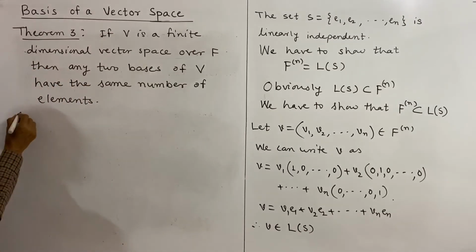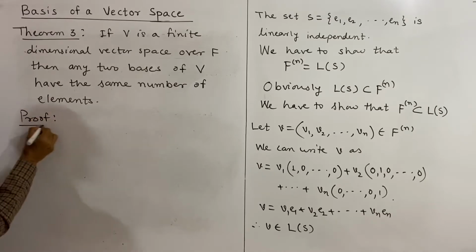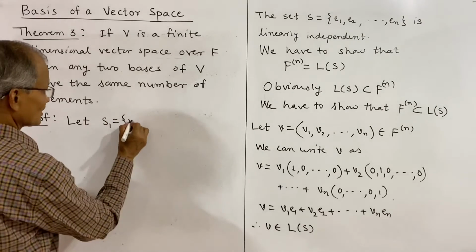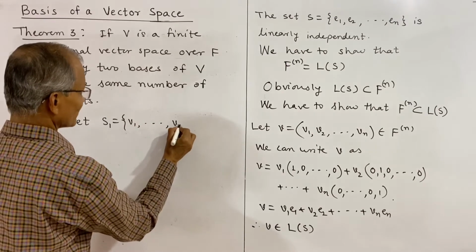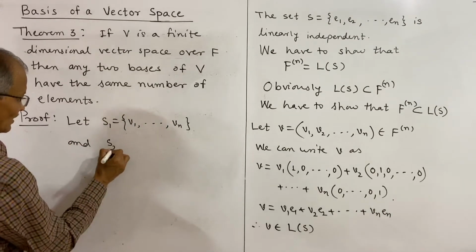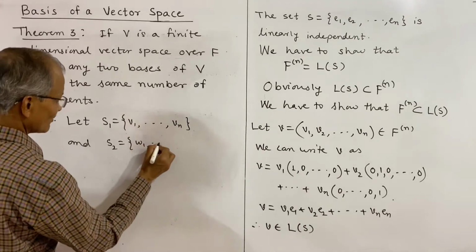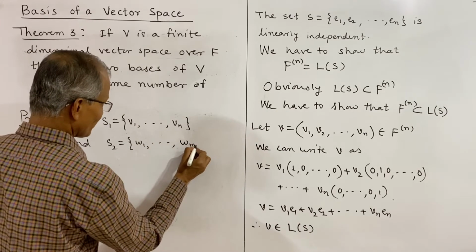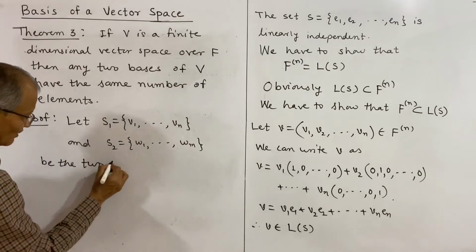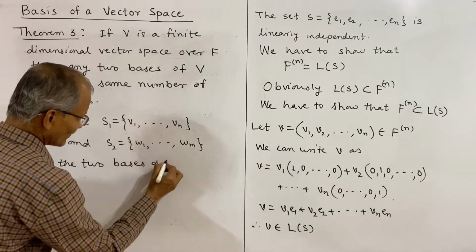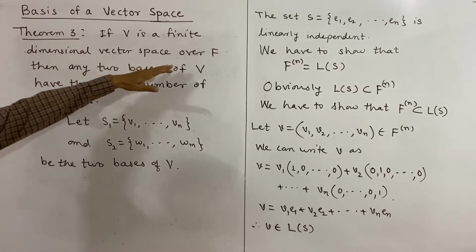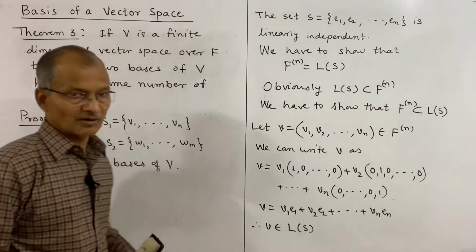Let S1, containing the vectors V1, V2 up to Vn, and S2 containing the vectors W1, W2 up to Wm, be the two bases of the finite dimensional vector space V, and these are the two bases that we have assumed.